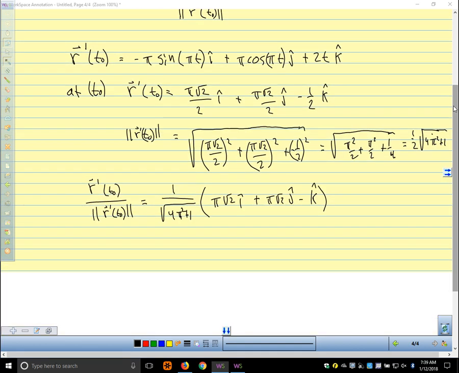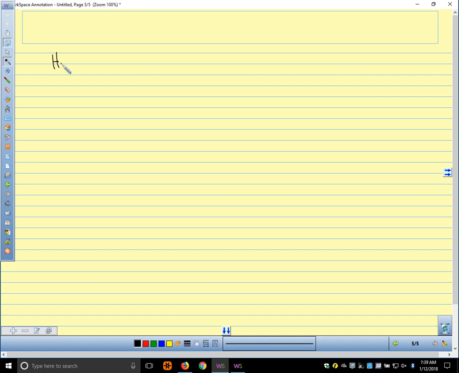Here we would just take the derivative of this to get r double prime, because we're just taking derivatives of scalar functions. Questions? Okay. Not too bad.